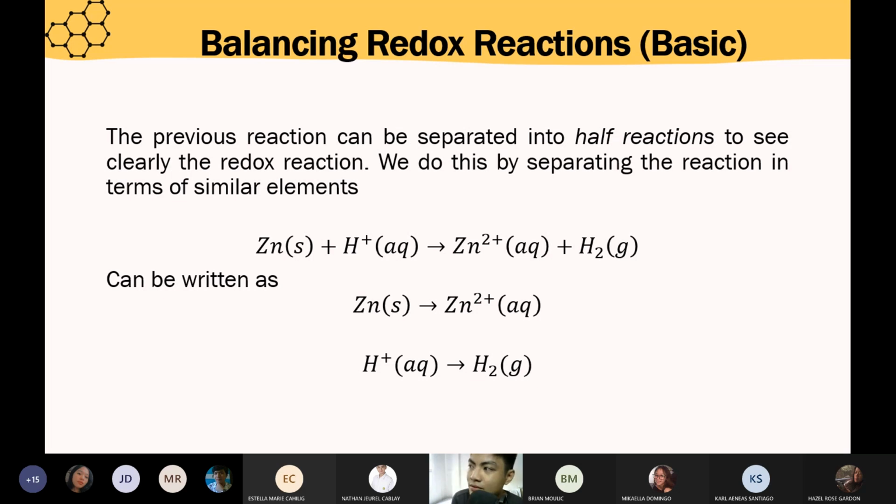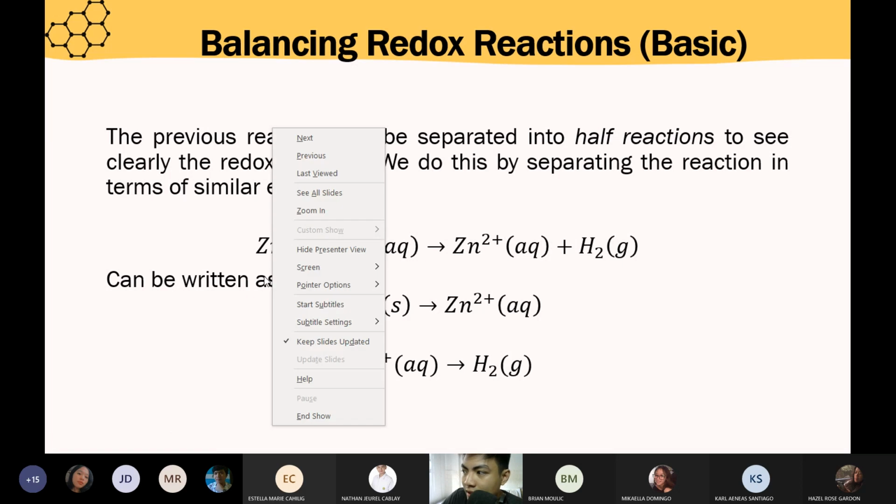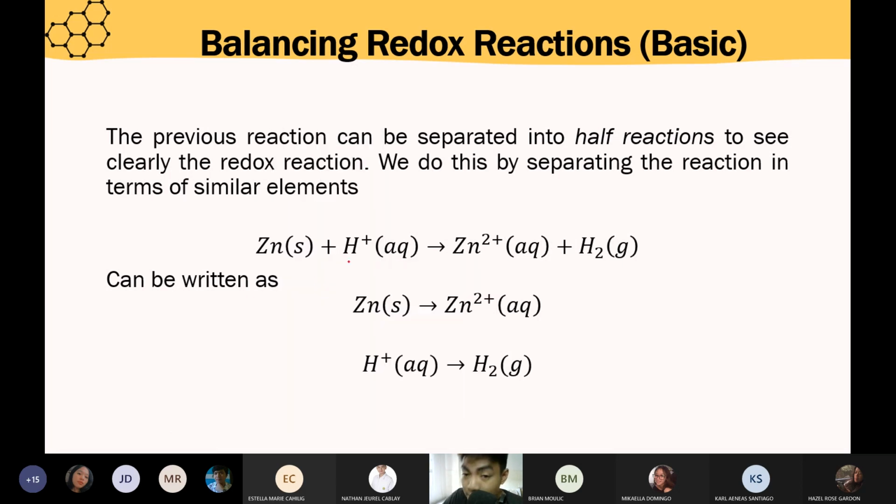Okay? So for example, kanina, we know that in this reaction, sabi natin kanina, this one underwent oxidation reaction and this one underwent reduction reaction. You can actually split them into two, okay? So ano meaning natin when you split them into two?